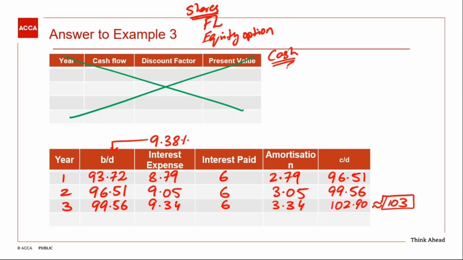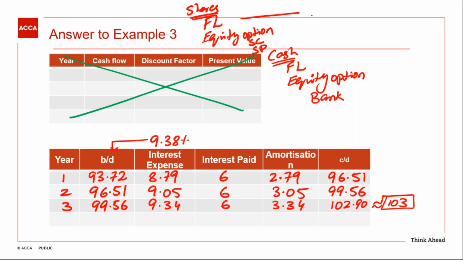So in both cases, we are going to debit the financial liability and the equity option, because once they decide on any option, our obligation to deliver cash will be eliminated and the equity option will be eliminated as well. If we are giving shares, we are going to credit the share capital and the share premium. And if we are giving cash, we are going to credit the bank.